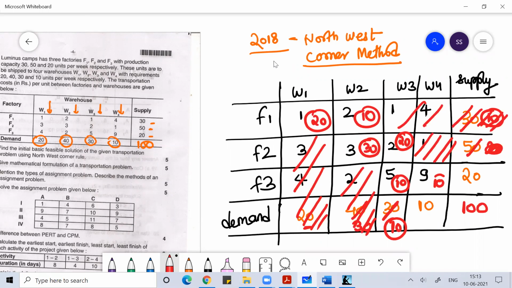Another 10 is left, which you put here. Done, everyone. The total number of allocations should be 6. We can count 1, 2, 3, 4, 5, 6.